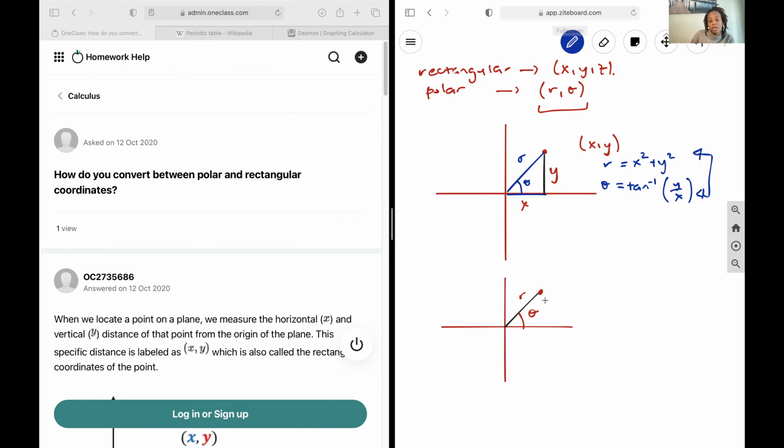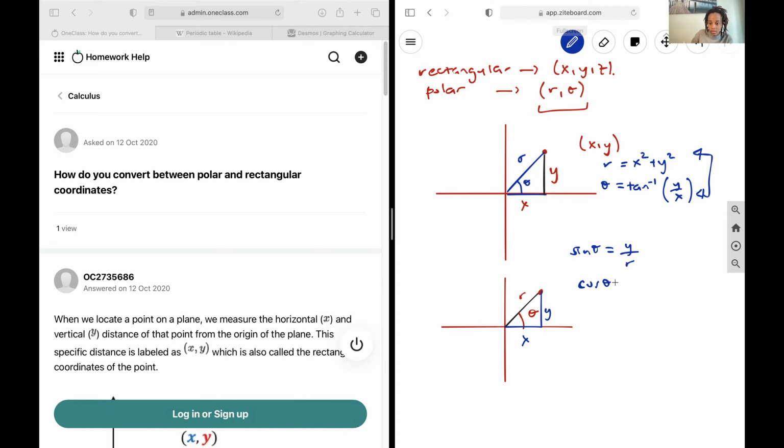Now I need to figure out how I can get rectangular coordinates from polar coordinates. And so again, just apply Pythagoras and draw out your right angle triangle. And from this, I can see that if I use SOHCAHTOA, sine of theta would be opposite over the hypotenuse, so that would be y over r.